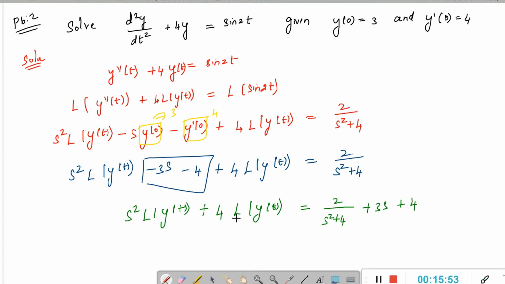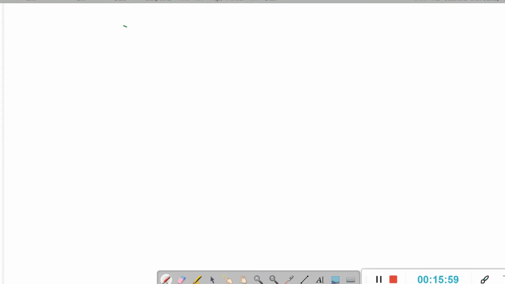Now on the left hand side you can take L of y of t as a common term. So s square plus 4 into L of y of t equal to 2 by s square plus 4 plus 3s plus 4.